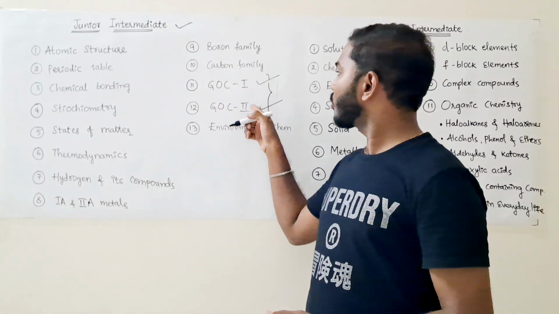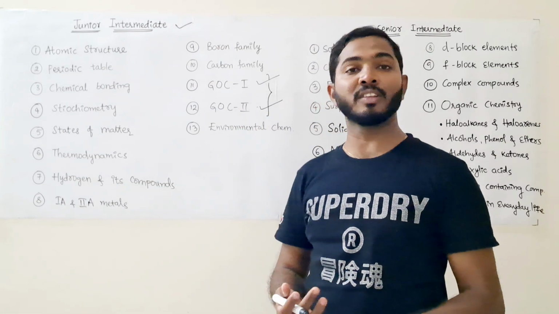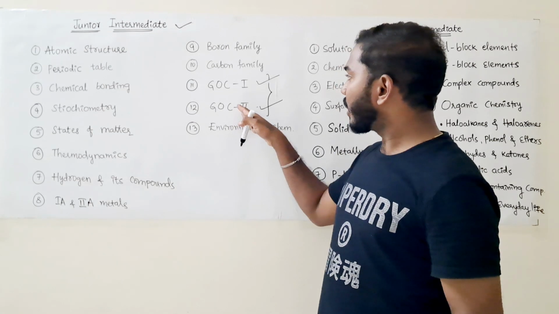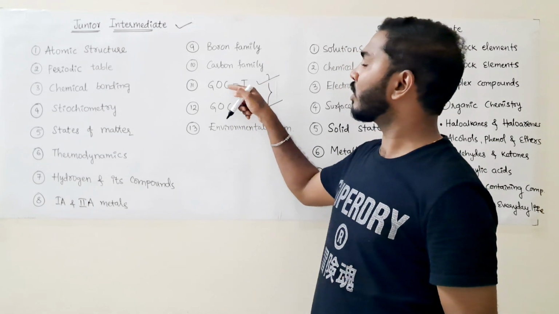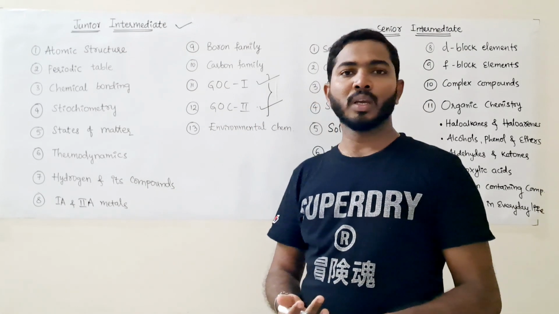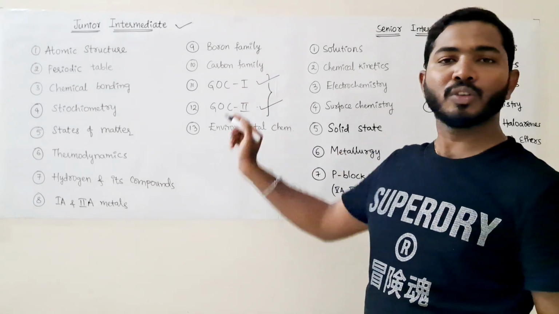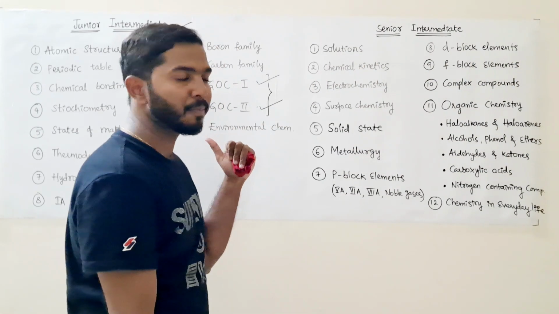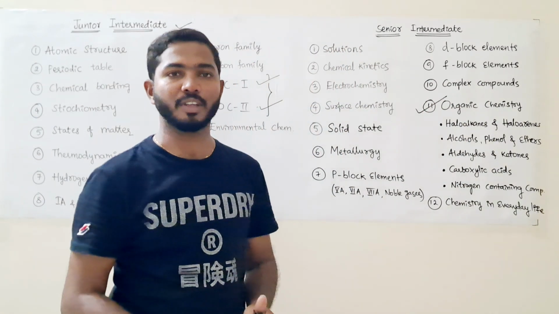So this GOC2 includes alkanes, alkenes, alkynes, and even benzene. To understand this GOC2, it's very important to go with GOC1. Similarly, if we are confident with the GOC1 and GOC2 in the junior intermediate, then we can easily do the second year organic chemistry.